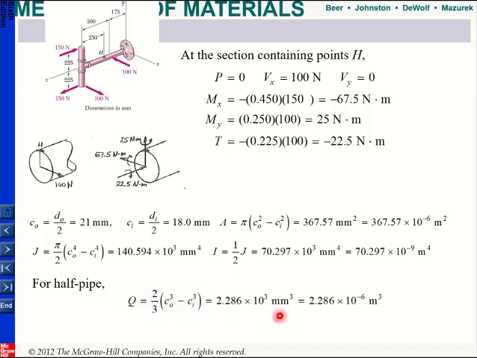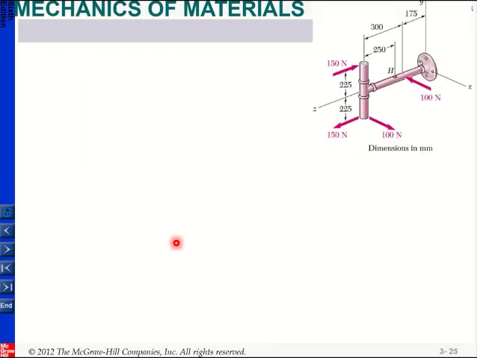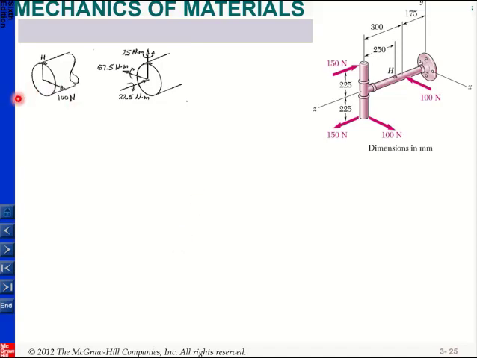So if you want to find a shear stress of a circular cross section at the midplane, you can use this formula for Q. After that, what I need to do is just find my normal stress. Since I don't have a normal force, I will only have one normal stress due to this moment along the x direction.